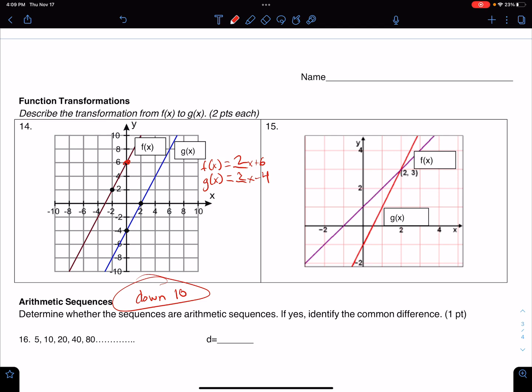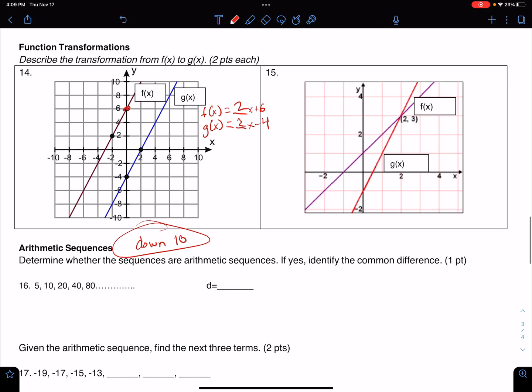Okay, the next one, this is going to come in handy to graph your line. So I say f of x equals, okay, it crosses at 1, so it's going to be something x plus 1. Okay, and this goes up 1 and over 1, so I know my slope is just x.